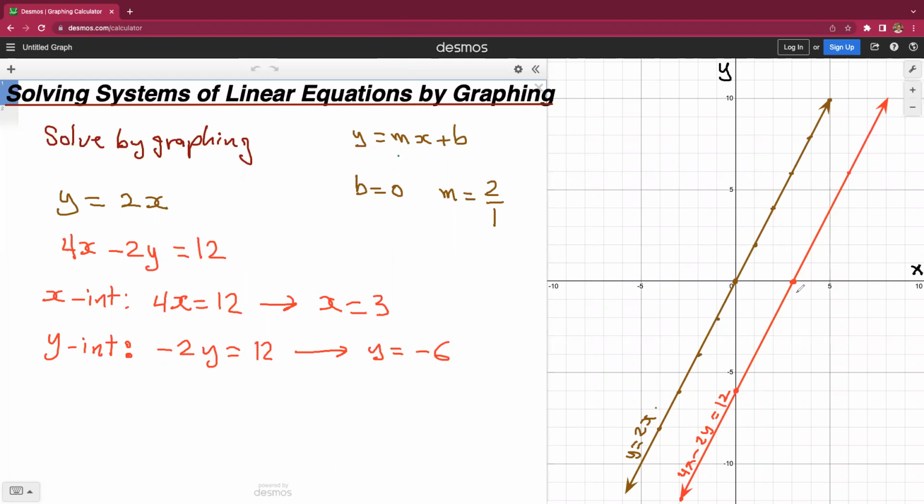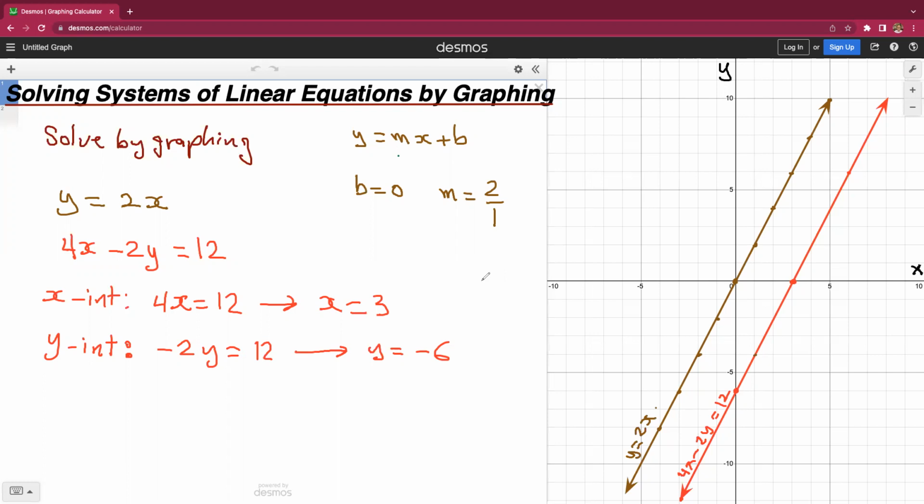So we know, even after I drew this, if I look at this point and then go to that point, it's going up 2 over 1, up 2 over 1, up 2 over 1. So it has the same slope as this line, and parallel lines have the same slope.